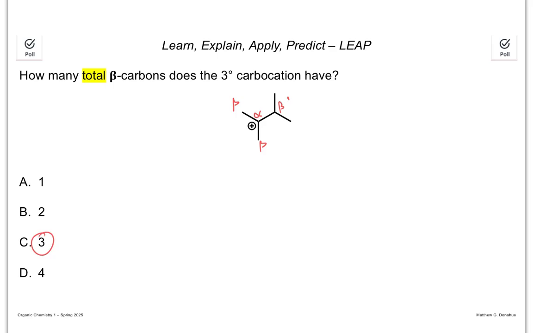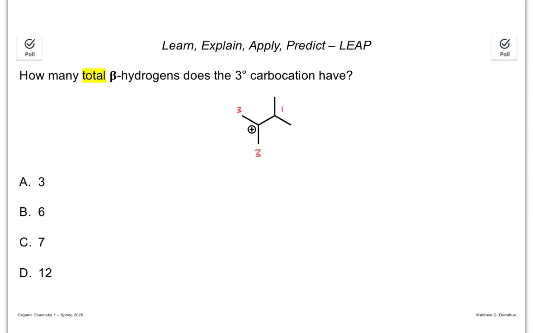And then from there, you have to evaluate which one is going to do the elimination in preference of forming the more stable alkene. The total number of beta hydrogens was 7.